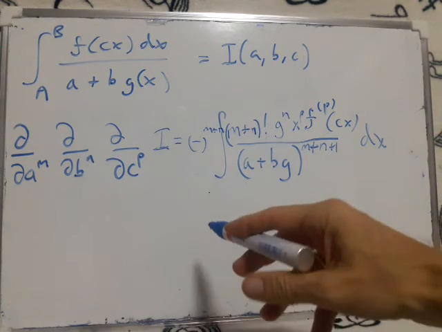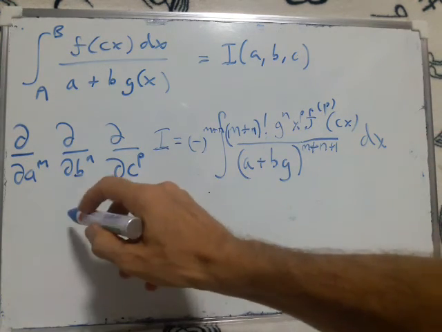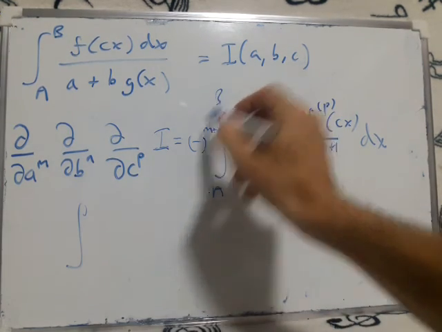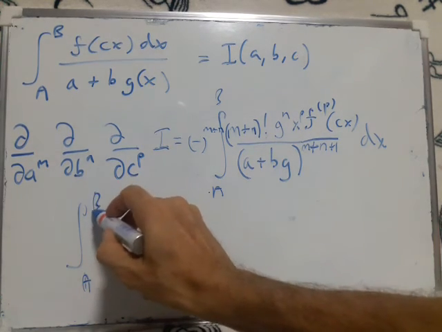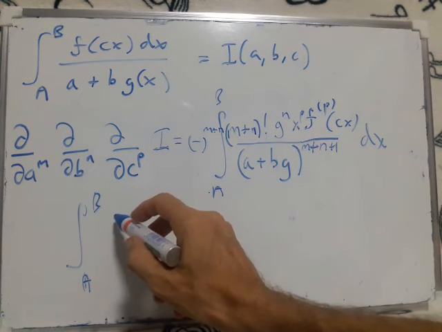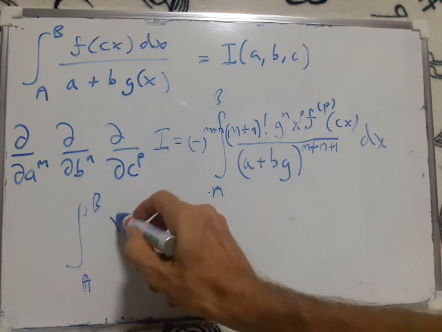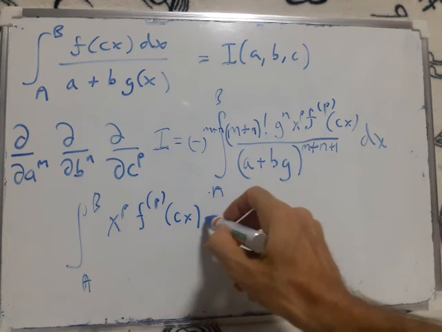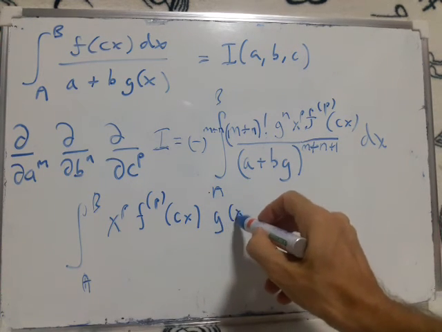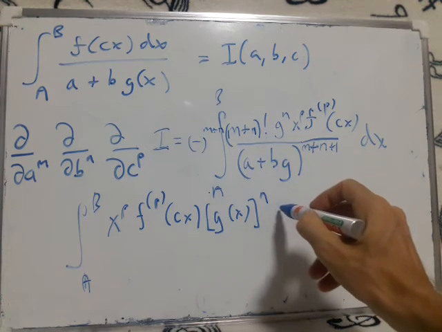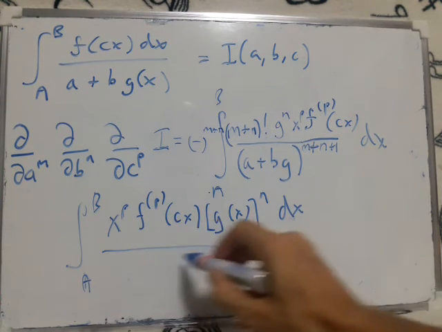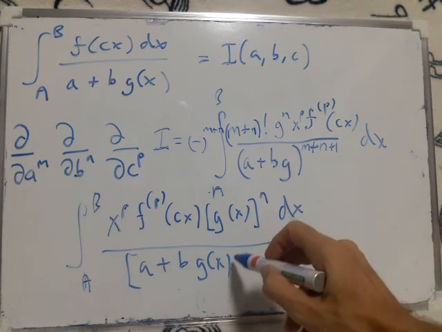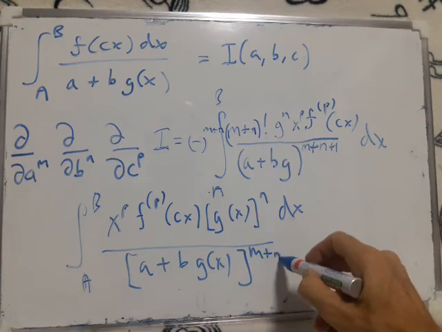So finally, to answer the question, the integrals that we can find, rearranging things, are of this form: the integral from A to B of x to the p, f differentiated p times at cx, times g of x raised to the power n, dx, all divided by a plus b x raised to the power m plus n plus 1.